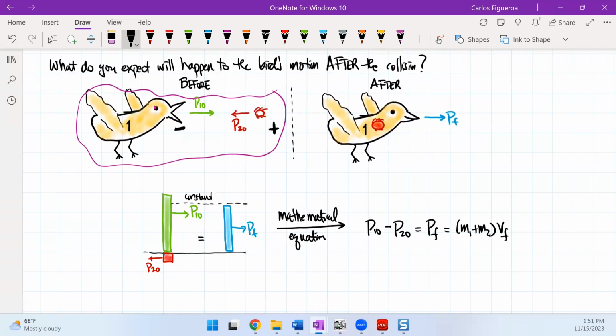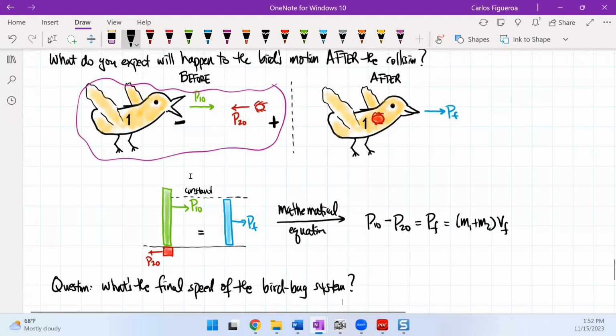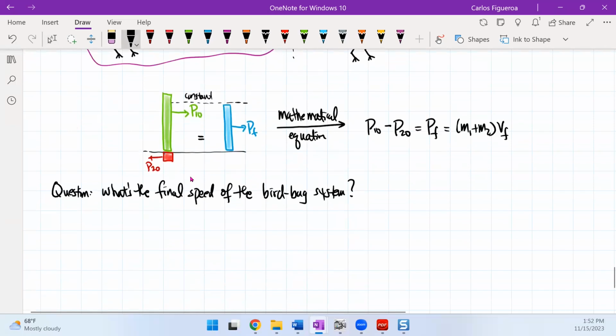So then the question: what's the final speed of the bird-bug system? In other words, what is VF equal to?